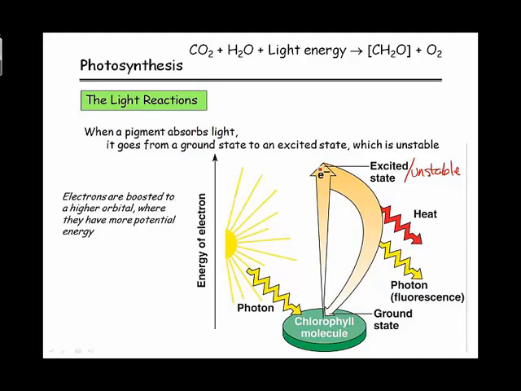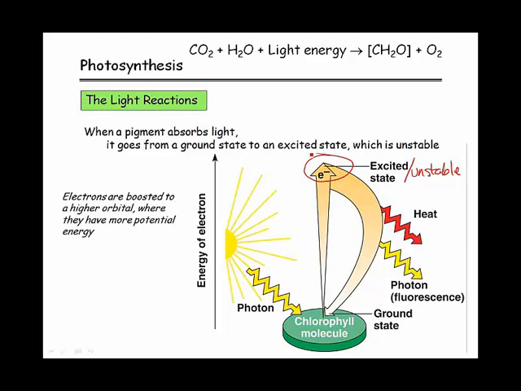So we will have molecules whose whole role in photosynthesis is to basically reach down and grab that electron as soon as it is boosted up to that excited state. That will prevent that electron from falling back down to the ground state and releasing the energy that was collected.